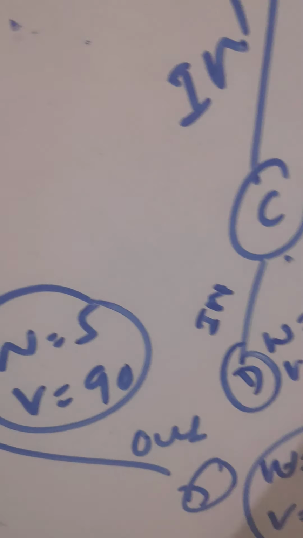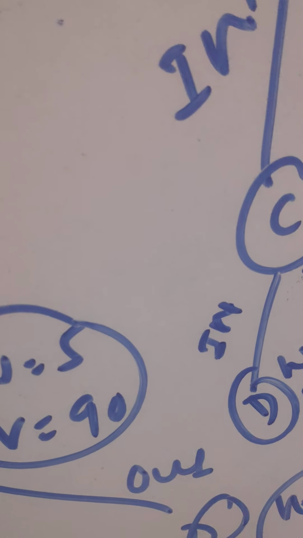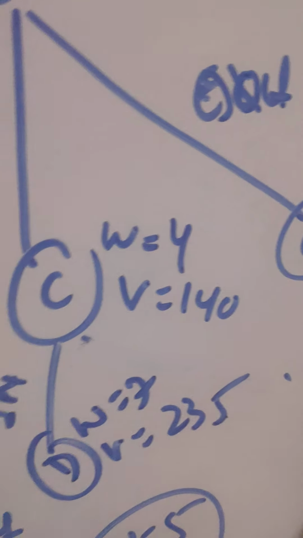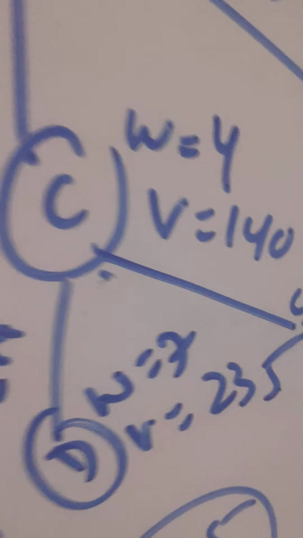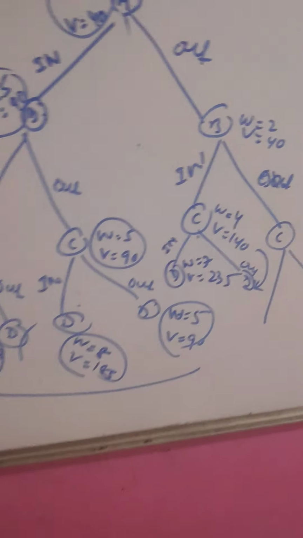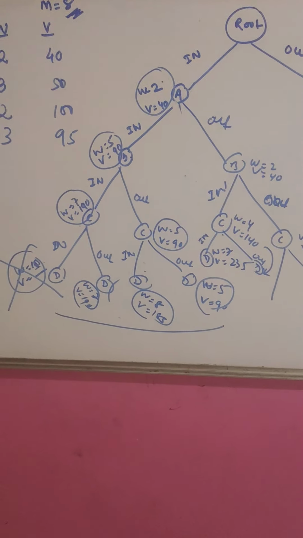And out C, here we have weight equal to 2 and value equal to 40. If it is out D, it remains the same. So like this, I have to calculate each inclusion and each exclusion.